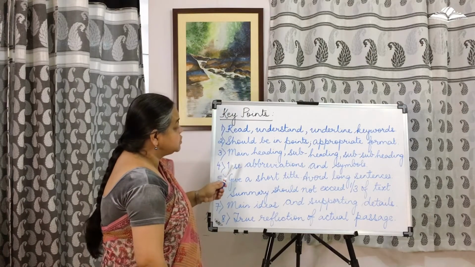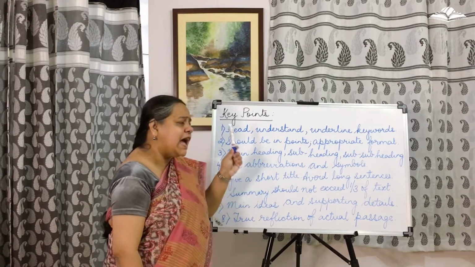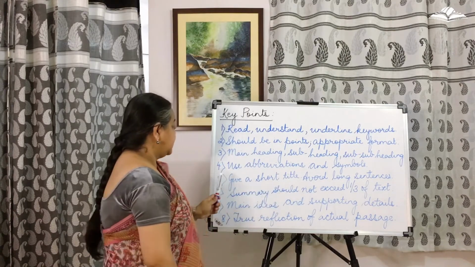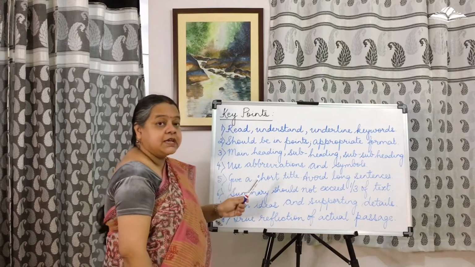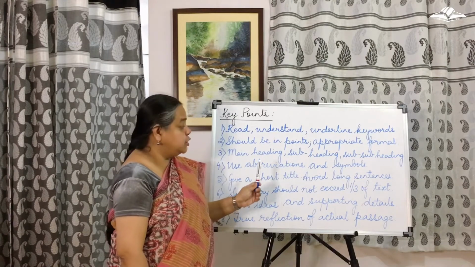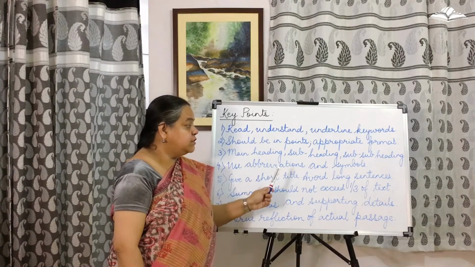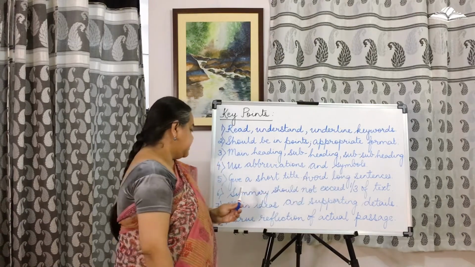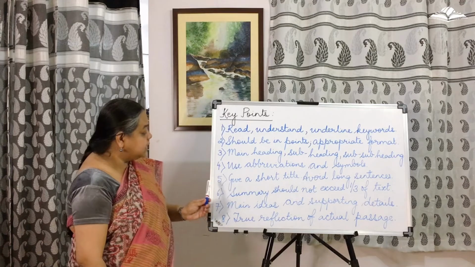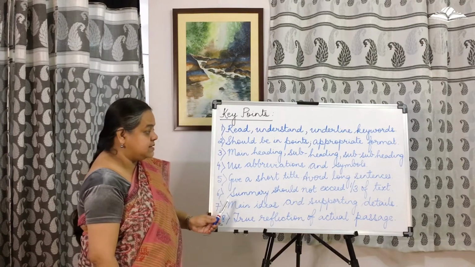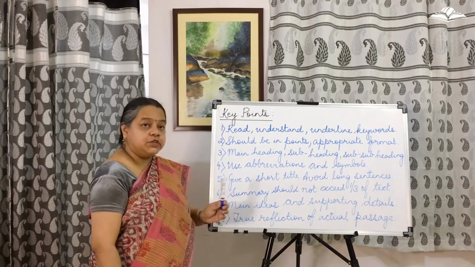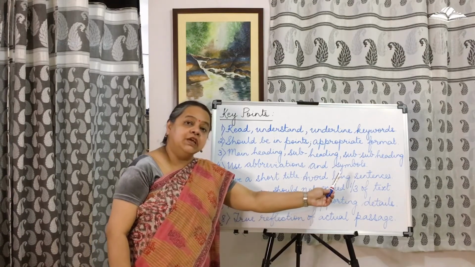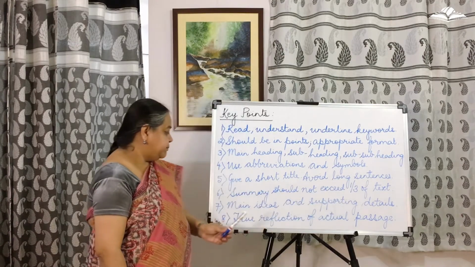Always try to use abbreviations and symbols as much as possible. Give a short and meaningful title to your passage. Always remember to avoid long sentences. The sixth point that you need to keep in mind is that the summary that you are making should not exceed 1/3 of the actual text.